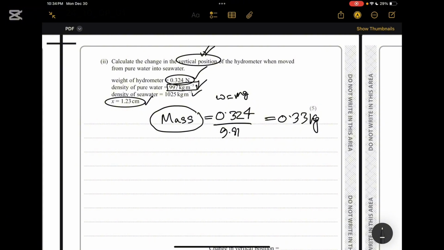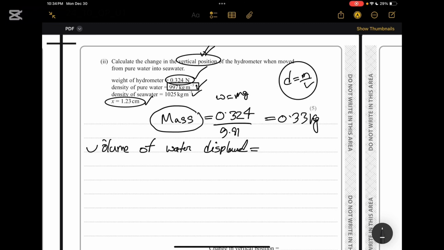Now as we have the mass and we know the density, we can calculate the volume of water displaced. We know density is equal to mass by volume, so volume is equal to mass by density.